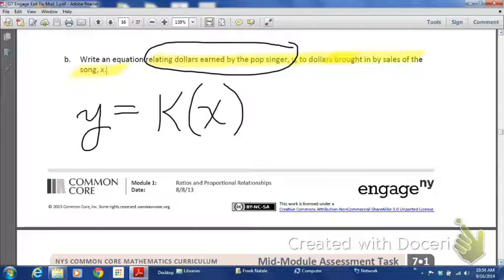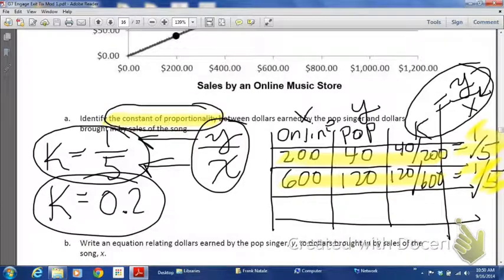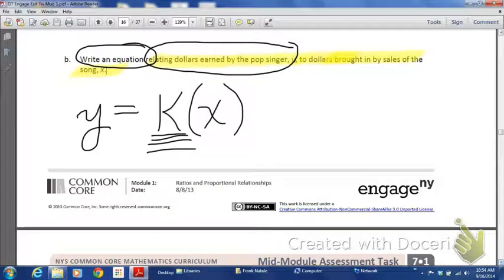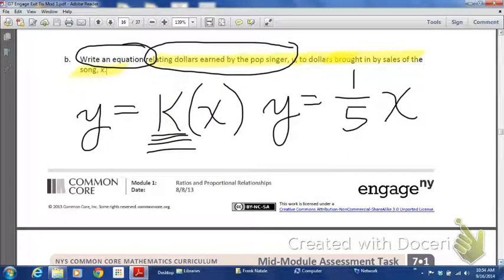All I want to do is write an equation. I don't need specific numbers from the graph. What I do need is my constant of proportionality, which I figured out already is 1 over 5. So y equals 1/5, which is my k, times x. That's it. This is the equation that needed to be written.